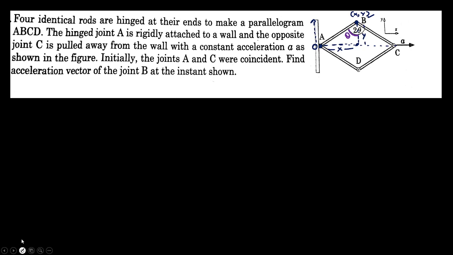And since we have this usual constraint relation, suppose A to B's length is L, then from Pythagoras theorem, or the basic constraint relation, we can write L squared equals x squared plus y squared. Now since they are all rigid rods, L is going to be constant.